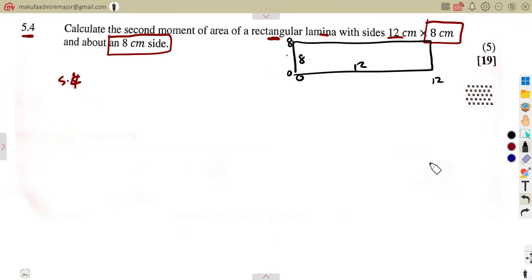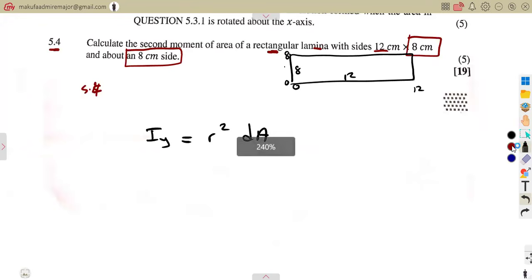So in that case, we're going to have the moment of inertia from r squared times the dA, whereby the r is supposed to be taken from the strip that you are working with, perpendicular to what? To the x-axis. So when perpendicular to the x, it means you're going to substitute this as x squared.